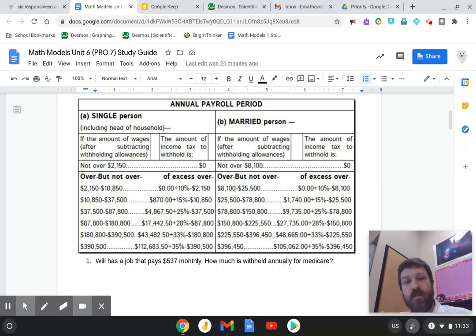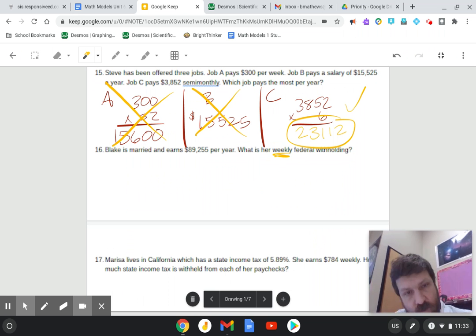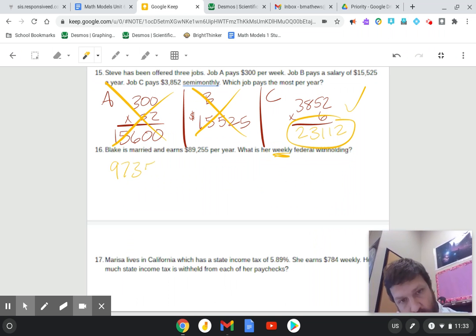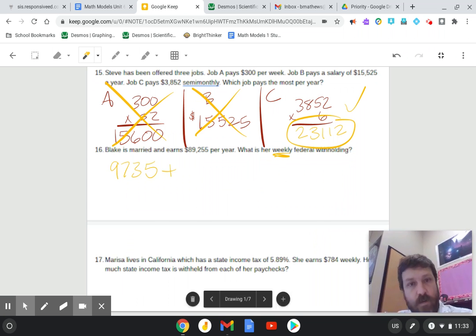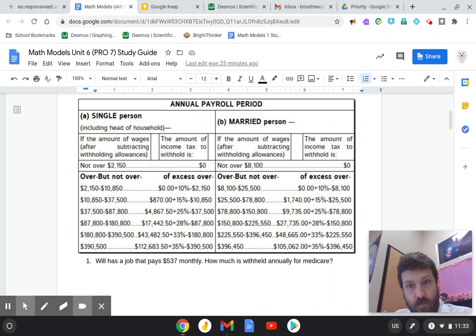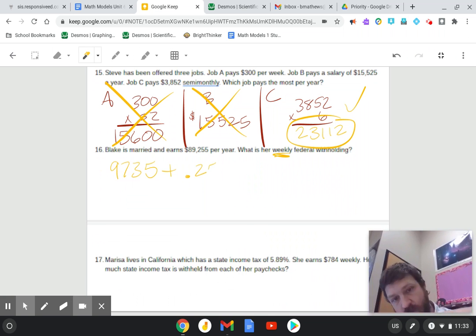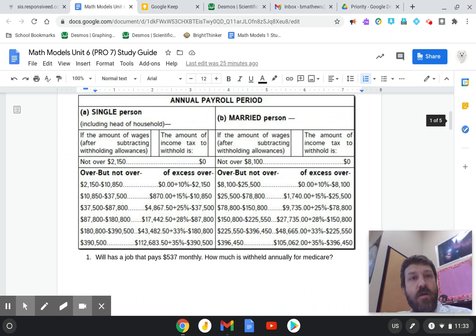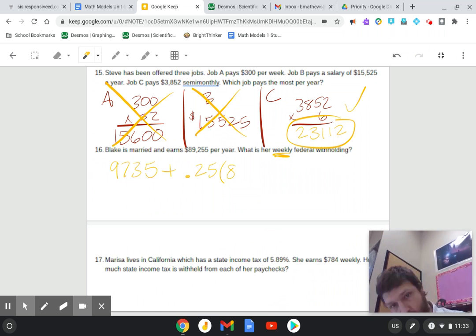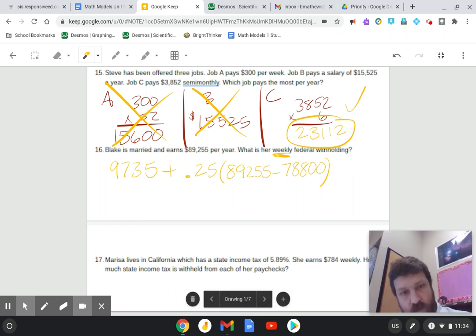So we do the following calculations. 9,735 is the first part. 9,735 is automatic. And then we're going to add the following: 25% of the total minus 78,800. So 89,255 minus 78,800, and then we add those two.